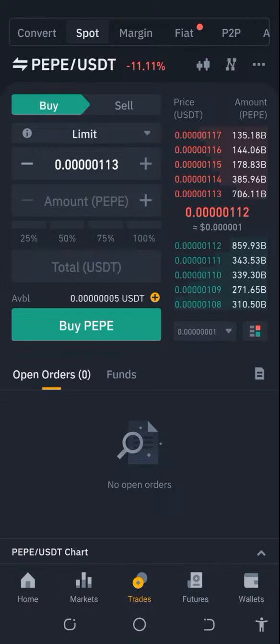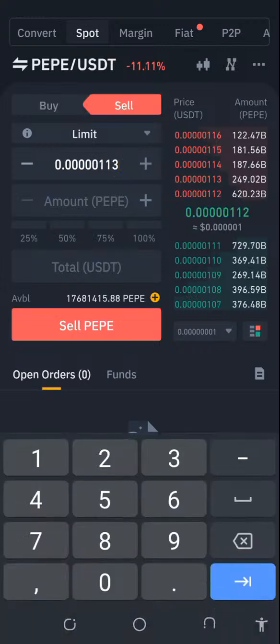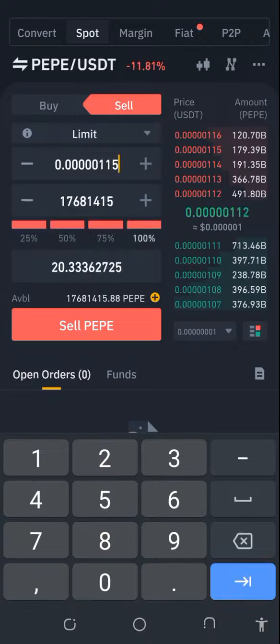Okay, so to set our sell limit, we're going to use 115. Don't forget that what we actually set as our buy limit was 113. So now for our sell limit, we're going to take it to 115. To do this, we just have to pick up 100%. And you can see, oh wow, it's gone a bit lower. Now we're at 20.33.